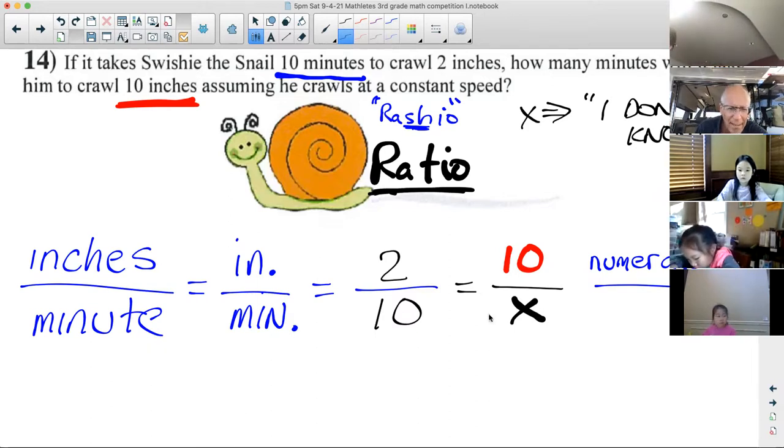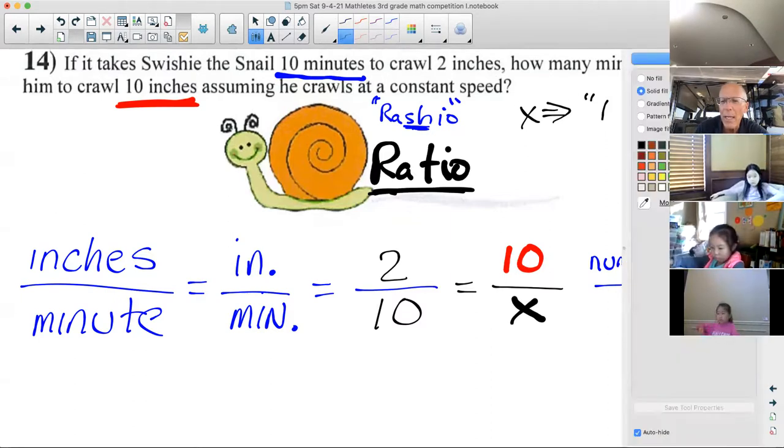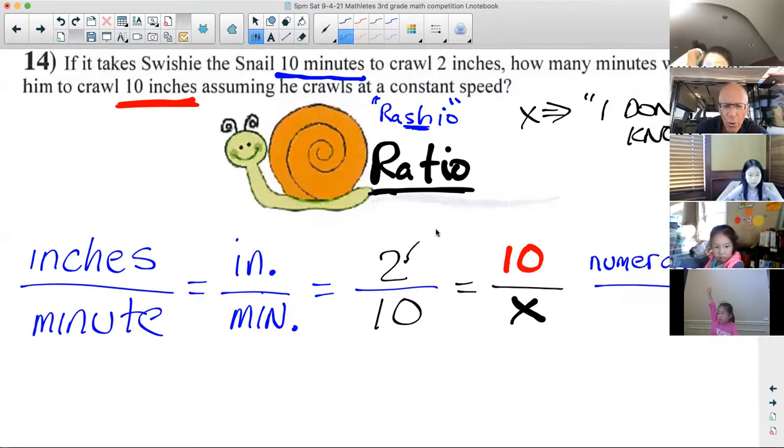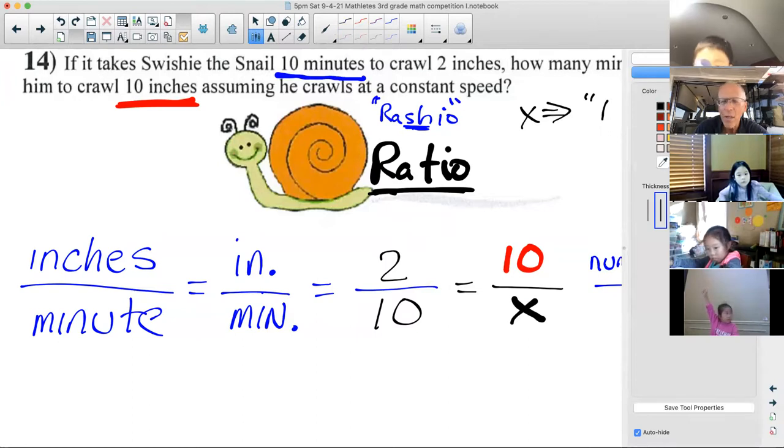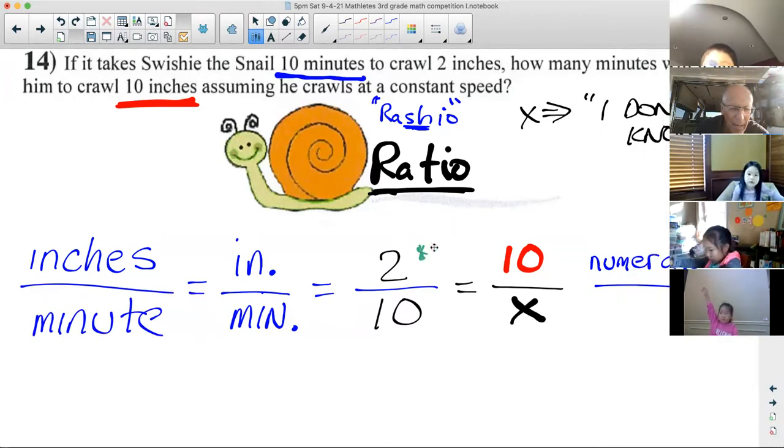So if I'm looking at this fraction, how many of you can see the way we get from 2 to 10? How do we get from 2 to 10 with a ratio? We have to multiply it by what number, everybody? On 3. 1, 2, 3, go.